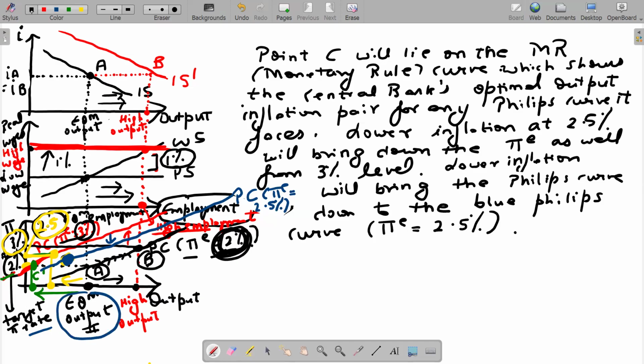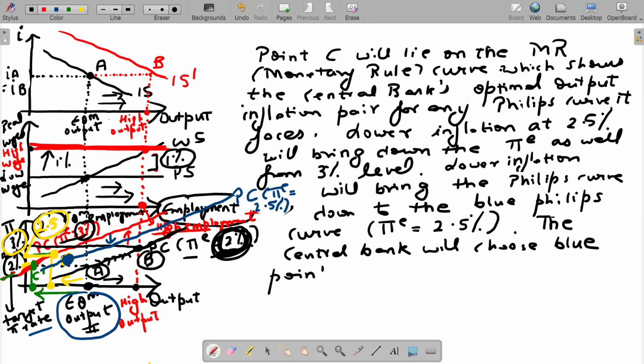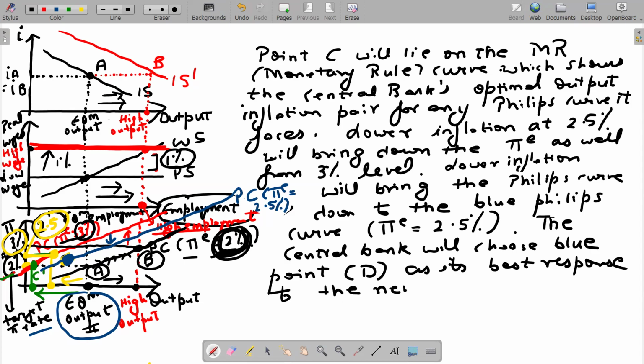So I can say that the central bank will choose the blue point, call it point D, as its best response to the new inflation environment it faces.